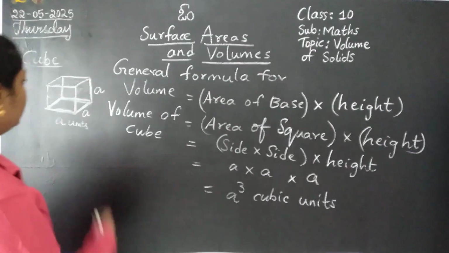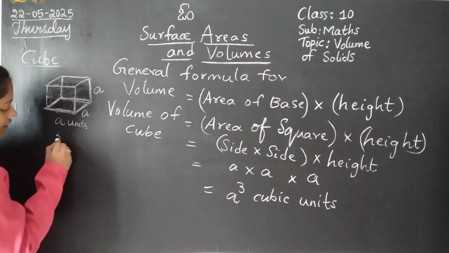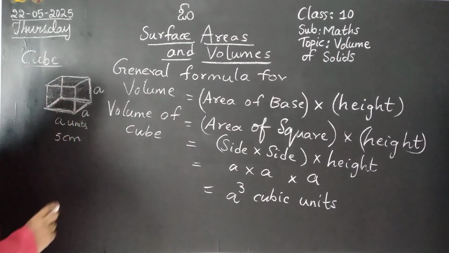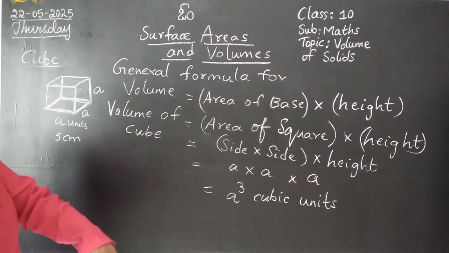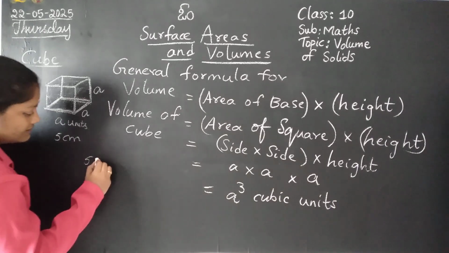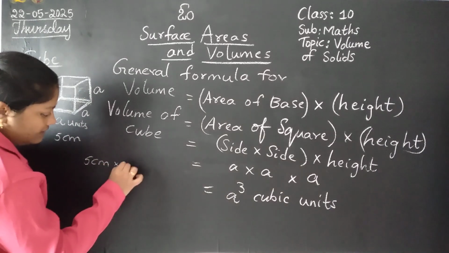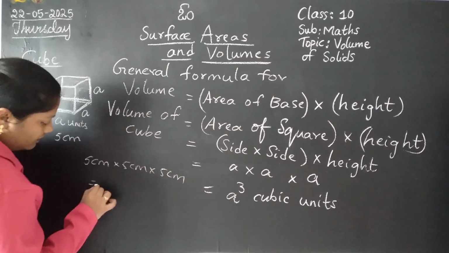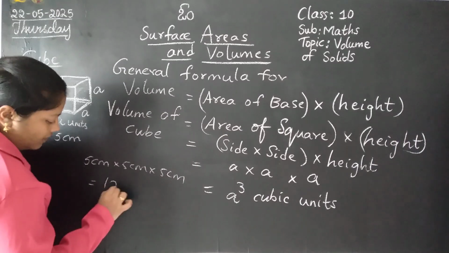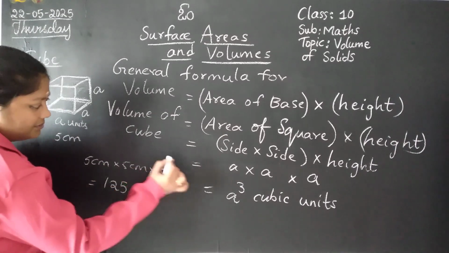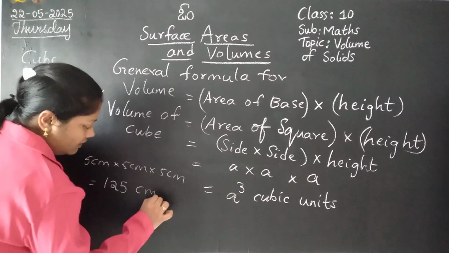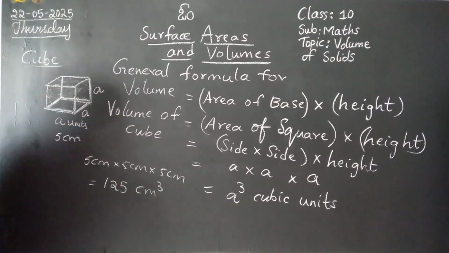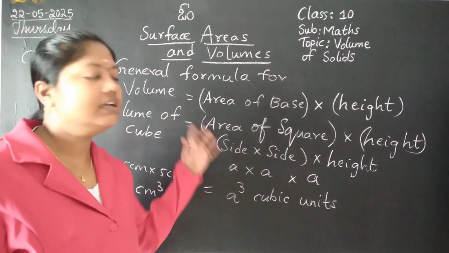So if we take 5 centimeters, we multiply 3 times, and we get 125 centimeter cube. Like this we find the volume for every solid.